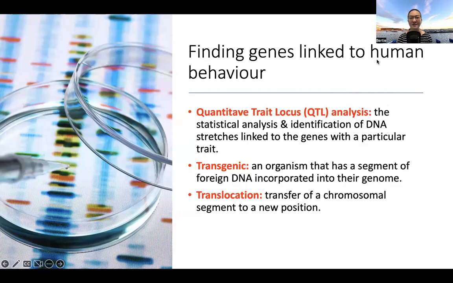Quantitative trait locus, or QTL analysis, the statistical analysis and identification of DNA stretches linked to the genes with a particular trait. Transgenic, an organism that has a segment of foreign DNA incorporated into its genome. Translocation, transfer of a chromosomal segment to a new position.